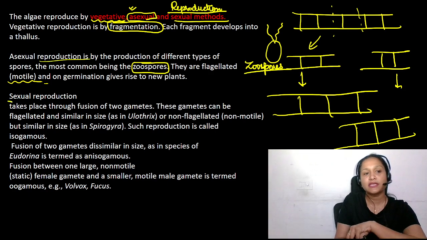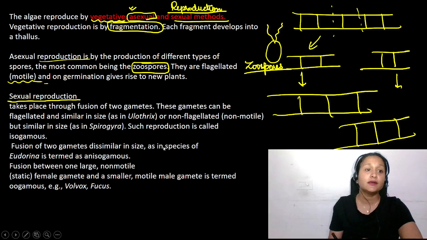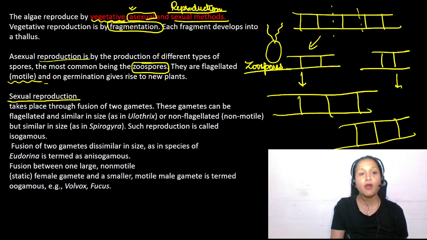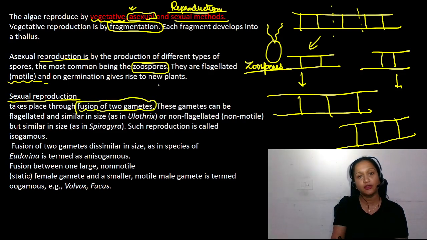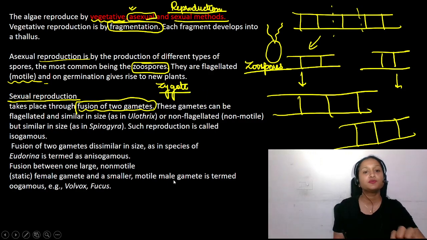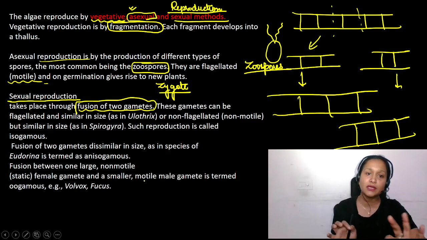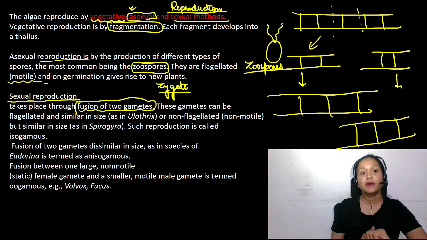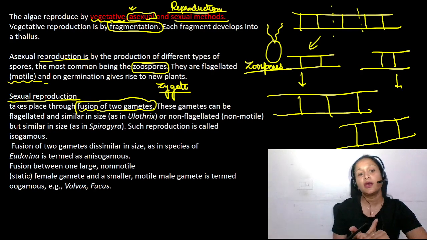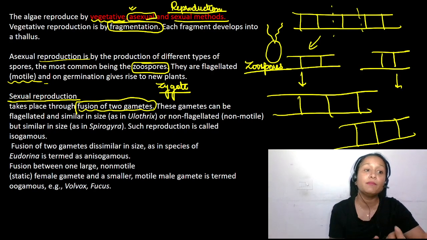Now, if you talk about sexual reproduction, here you can see the gametes formation is going on. They form gametes. So fusion of two gametes results in the formation of a zygote. Okay, so algae also reproduce by sexual means. Now from here the question comes: fusion of two dissimilar gametes is termed what, and the example of it is what.